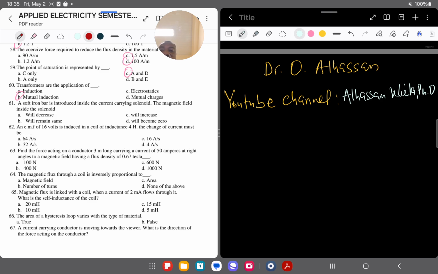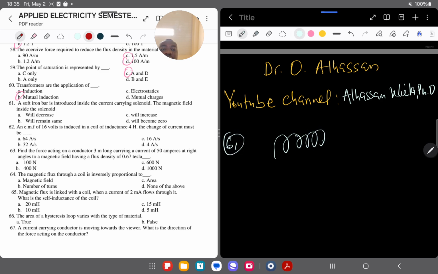And one way you can know that it's going to increase is because if you already have a current carrying solenoid, meaning it's a coil that current is passing through. So let's say I have a coil of this nature. This is question 61.